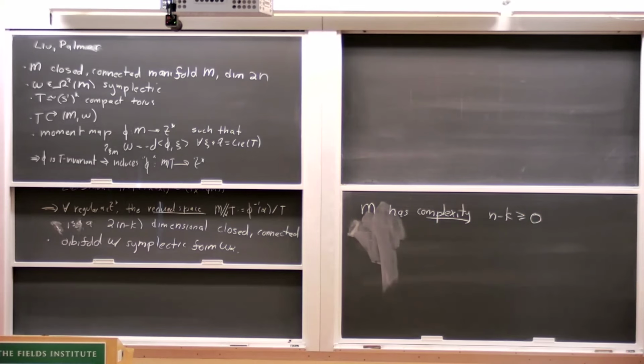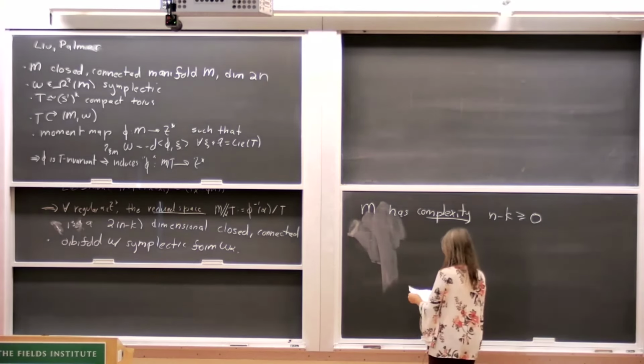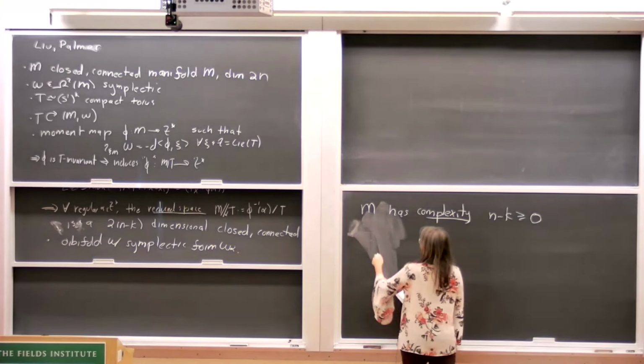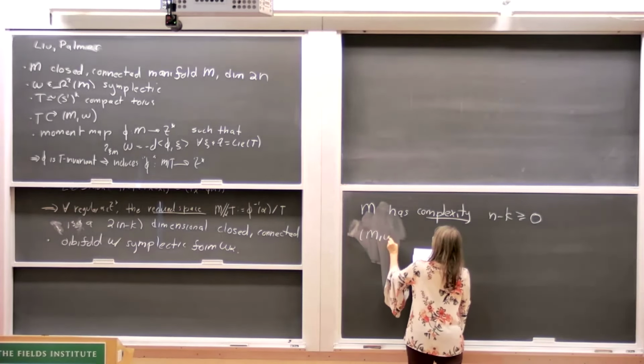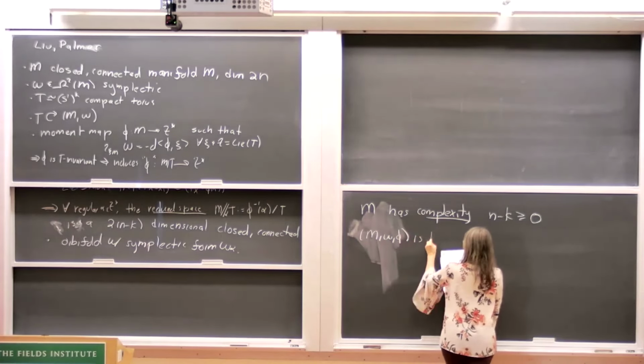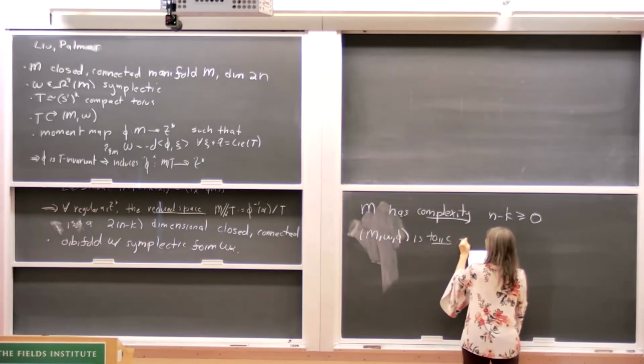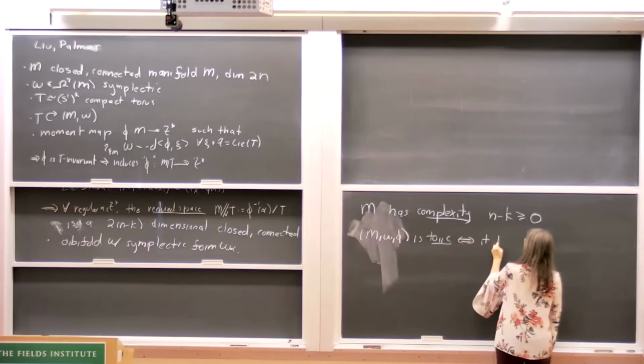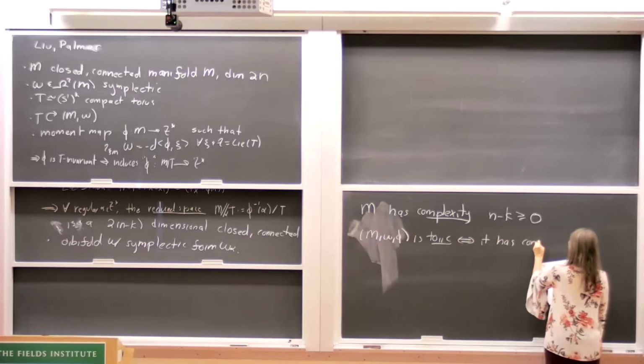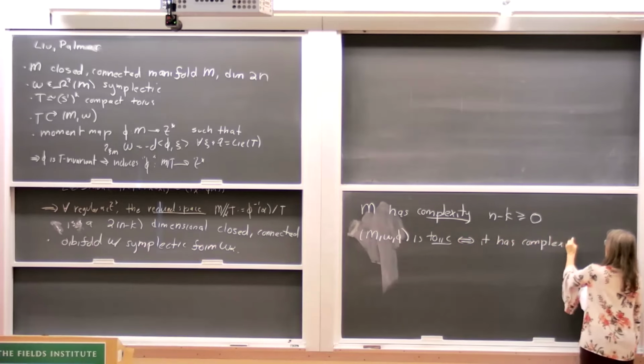So now I want to get to the important case, which of course you guys are all experts on already, but often maybe not so much from the symplectic point of view. So that M omega phi is toric if and only if it has complexity 0.